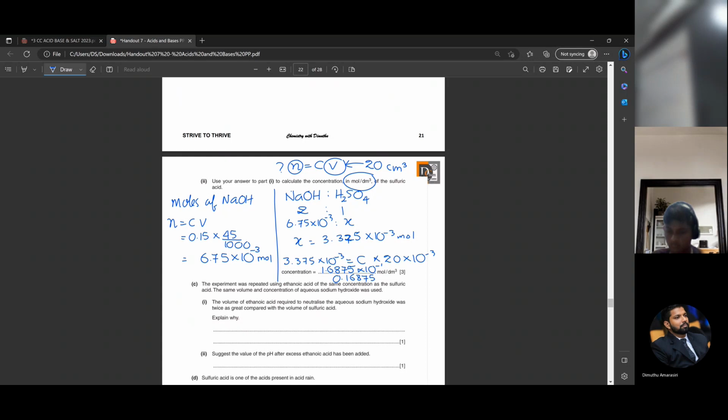That's why the endpoint volume of the titration is important.